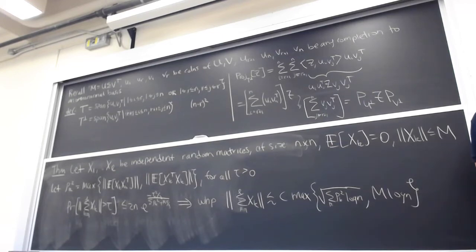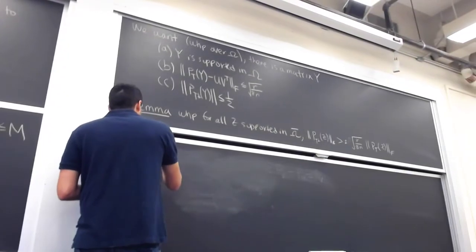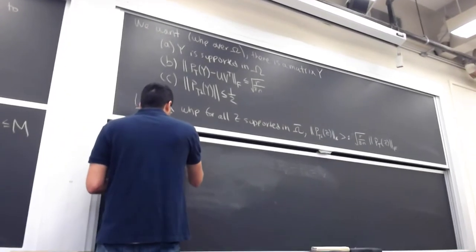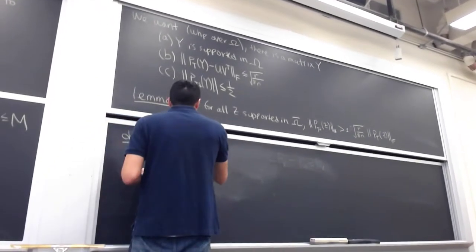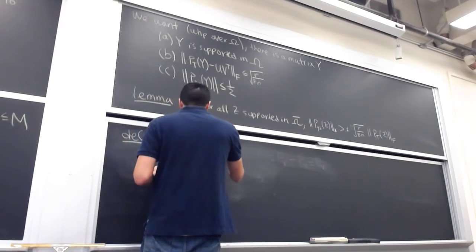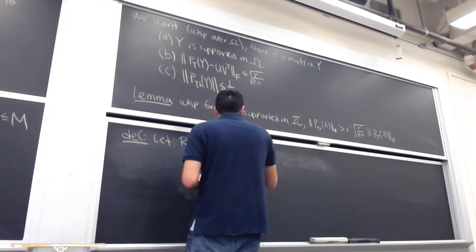So let me tell you the key lemma we're going to use in order to figure out why such a y should exist. And let me just define it. I'm going to let some other operator, so we have this PT operator right now. There's a very simple operator that we'll need just to get the ball rolling.